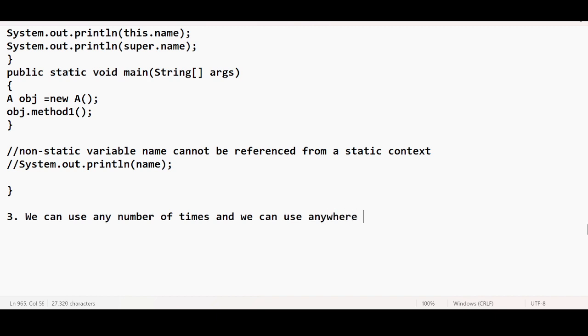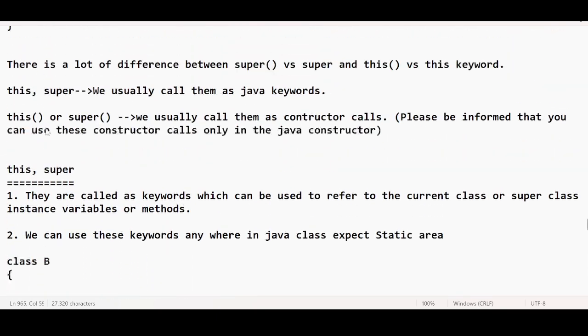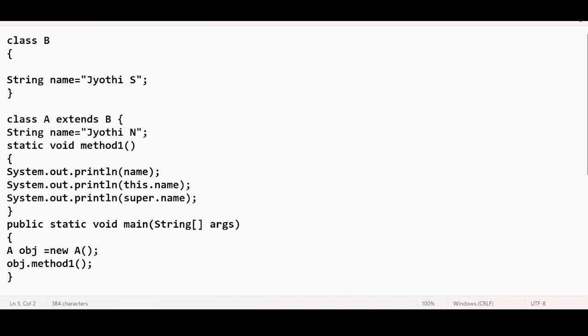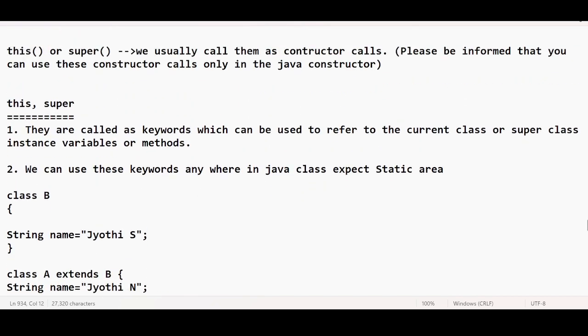If you look at this example, it is not in the first line. It is somewhere in the System.out.println. There is no such thing as with the this constructor call or the super constructor call, which need to be used in the first line. There are no such restrictions for these two keywords. So these are the three things about this or super.